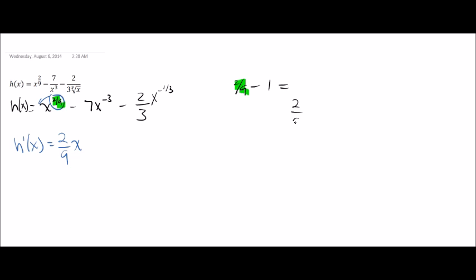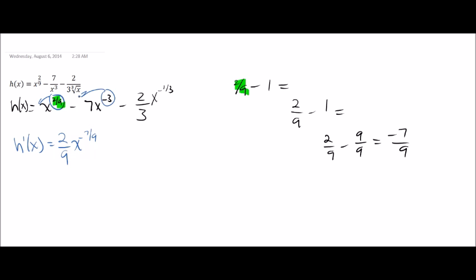And well, that's 2/9 minus 9 over 9. That's the equivalent of 1. And we get negative 7/9. If you choose to work with decimals, it would work, but you'd end up with a few infinite decimals. You really don't want to do that. It becomes very messy later on.